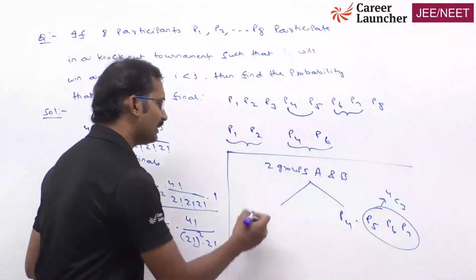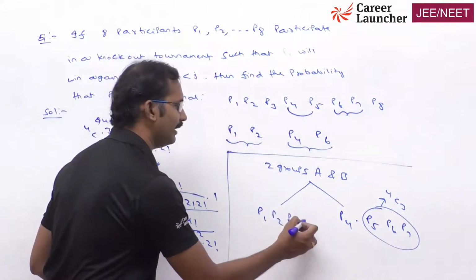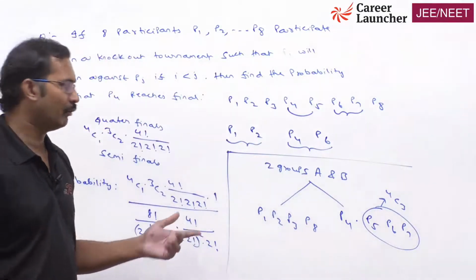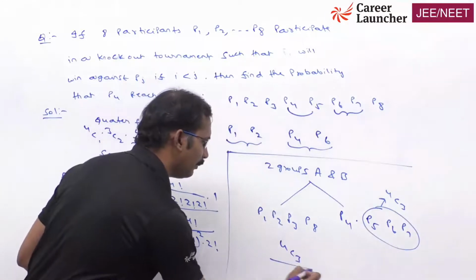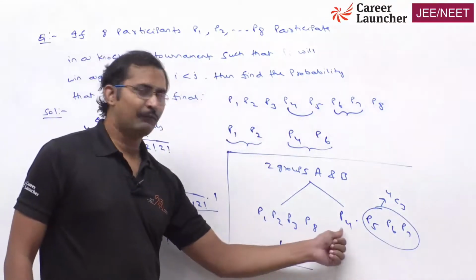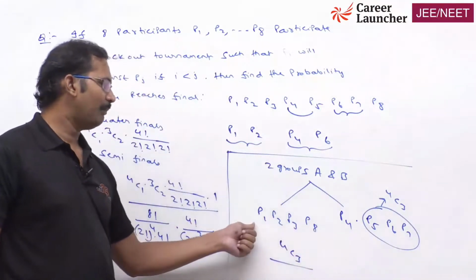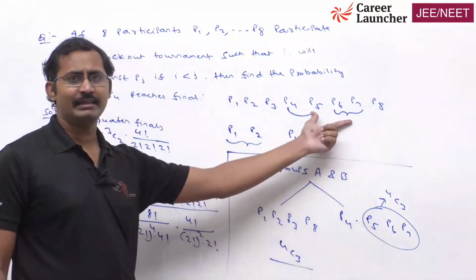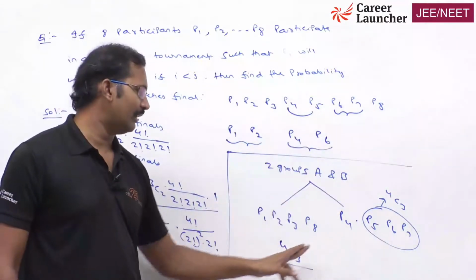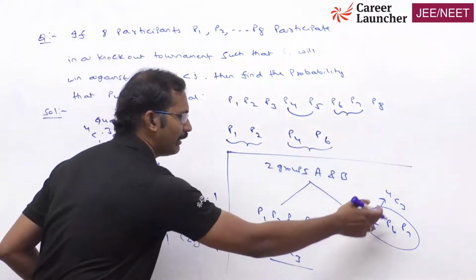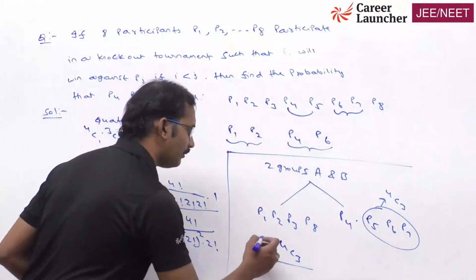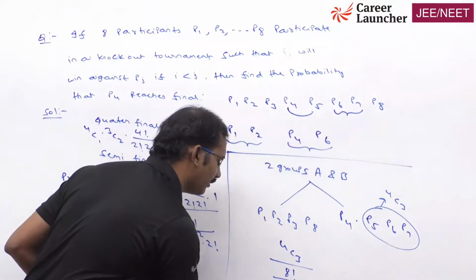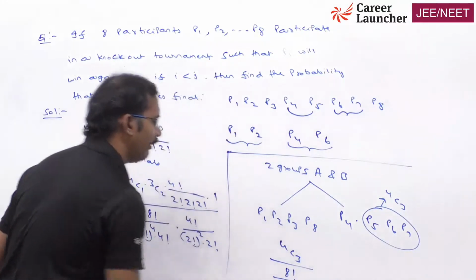The remaining player joins the other group with P1, P2, P3, for example. So the number of favorable cases will be 4C3, since P4 will definitely reach the final from his group and P1 will reach the final from the other group. Any 3 out of the remaining 4 you can select so that P4 can reach the final. So 4C3 upon dividing the 8 into 2 groups of 4 each, which is 8 factorial upon 4 factorial whole square divided by 2 factorial.